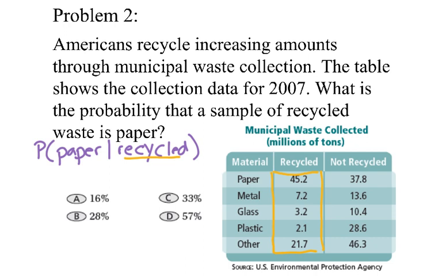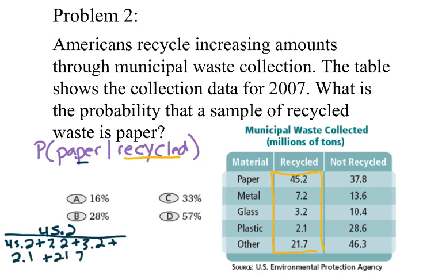And the probability that it's paper, well, there's 45.2 million tons of paper over all of our recycled. So 45.2 plus 7.2 plus 3.2 plus 2.1 plus 21.7.